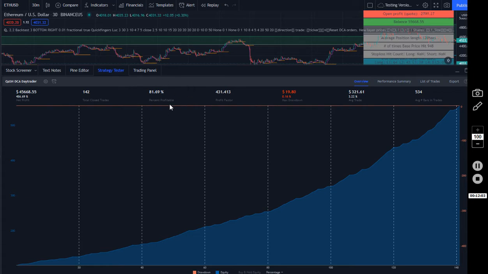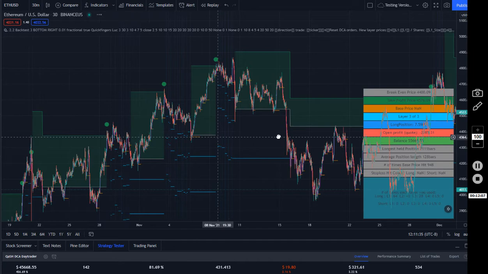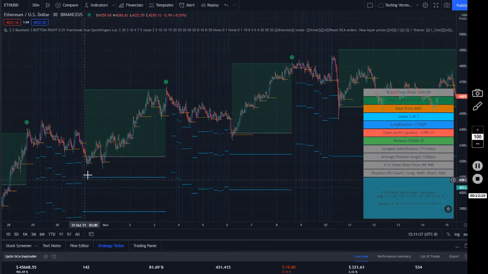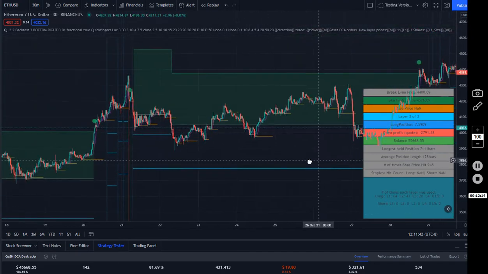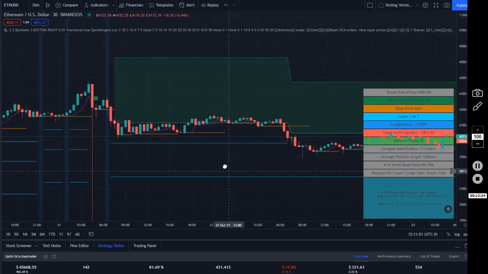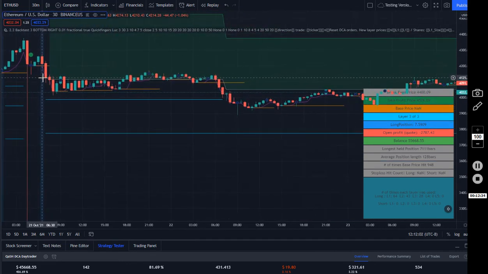Next, I want to talk about this 81% profitable trades. If you look over here, okay, here's an example. I hit 2 layers here. Yeah, I think I hit 2 layers here. So the bot reset here, and then layer 1 was like on the first candle, so it went down and filled layer 1 here, and then it went down farther and filled here.